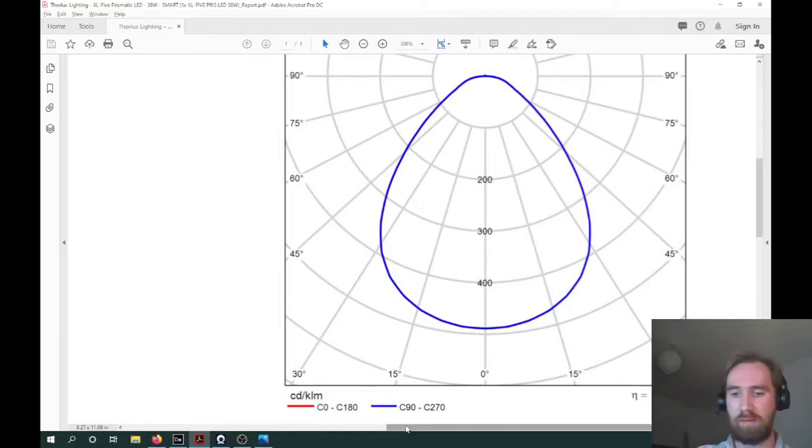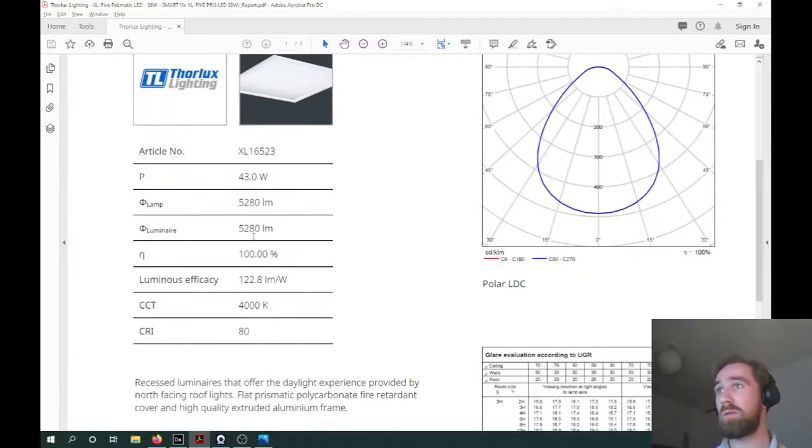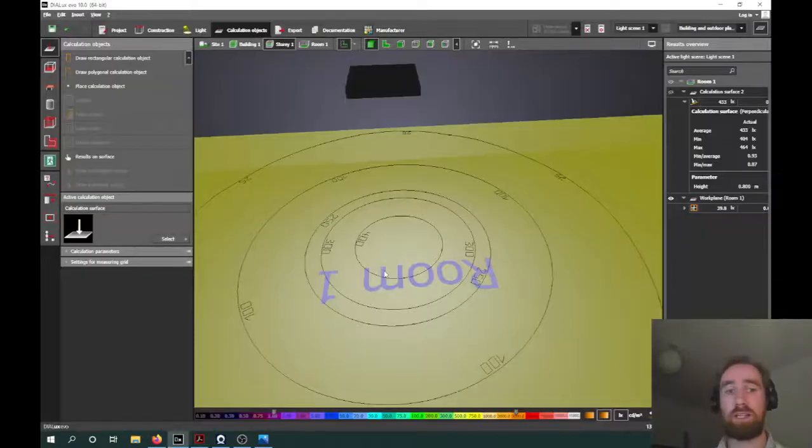And then we can use that information along with our lumen output to work out the luminous intensity, and compare that then to the calculations in Dialux.